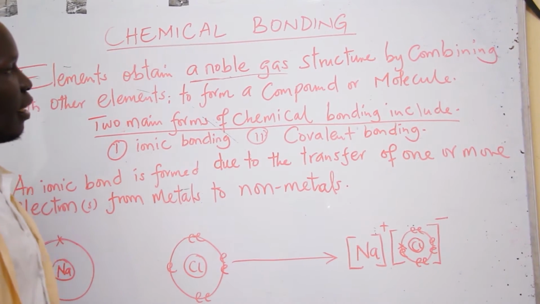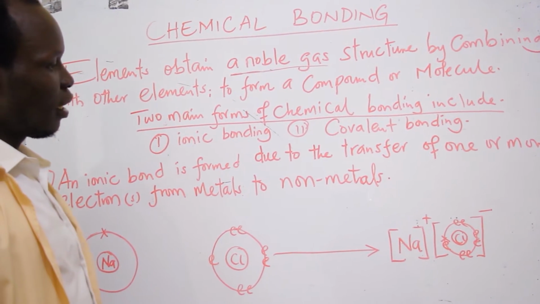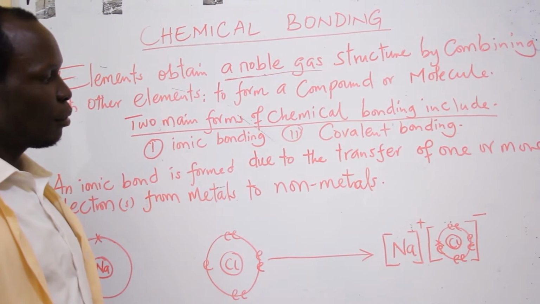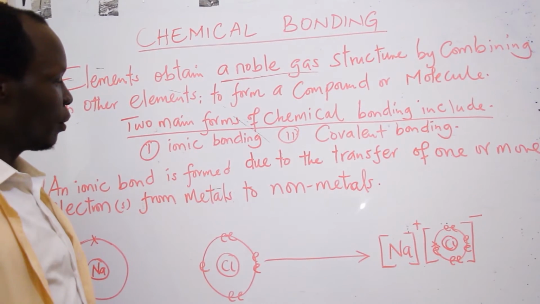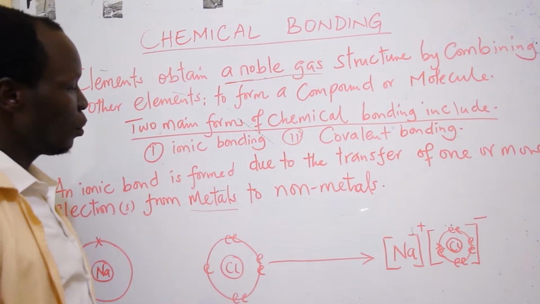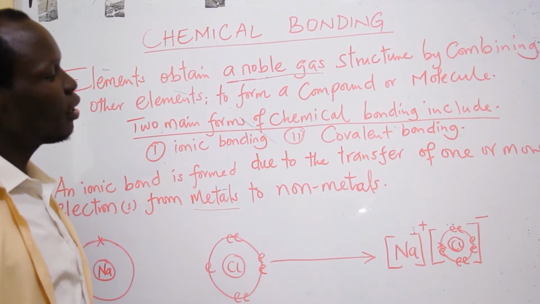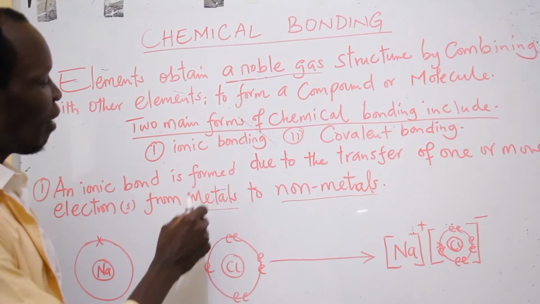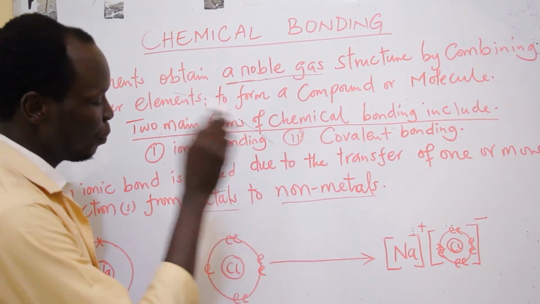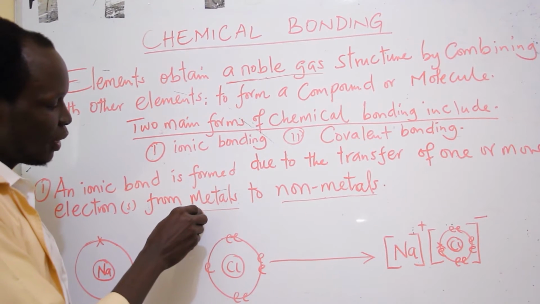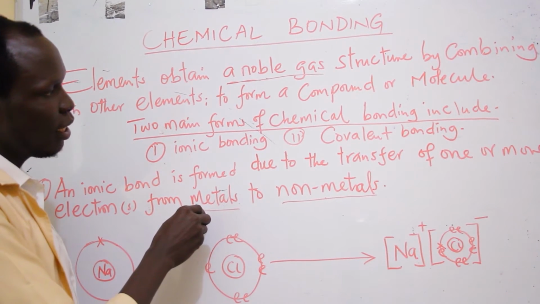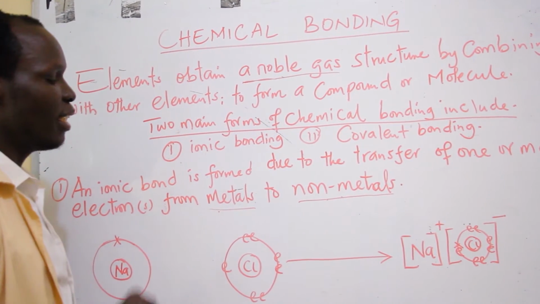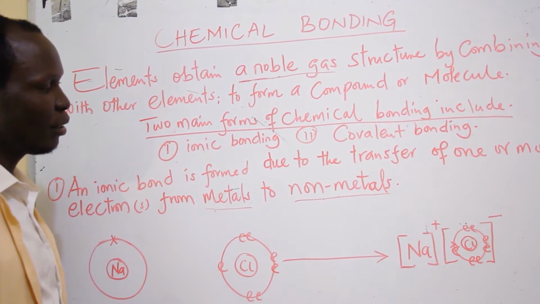As we've said, these atoms can lose or gain electrons. For example, metals are able to lose electrons and non-metals are able to gain electrons. When a metal loses an electron, a non-metal will be able to gain the same electron which is being lost.